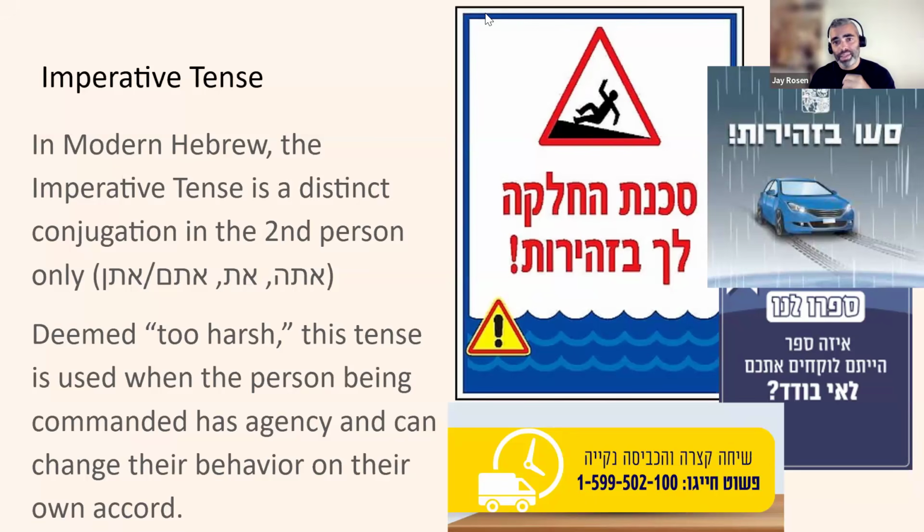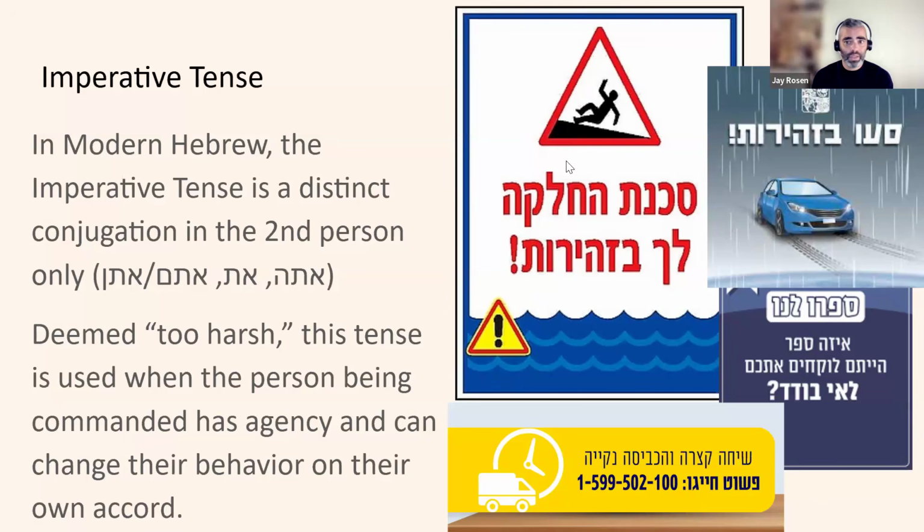And so what has happened is the imperative actually becomes softened. And you'll see the examples that we have here are used when the person you're talking to or commanding has agency. They have the ability to act on their own and can change their behavior on their own accord. What do I mean by that? Let's look at some of these.